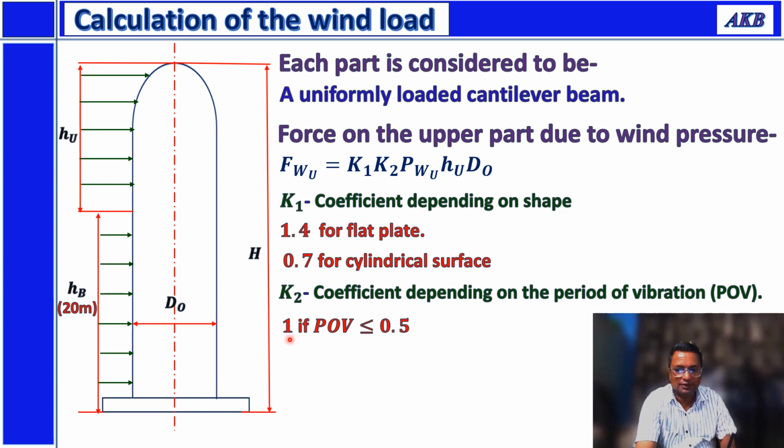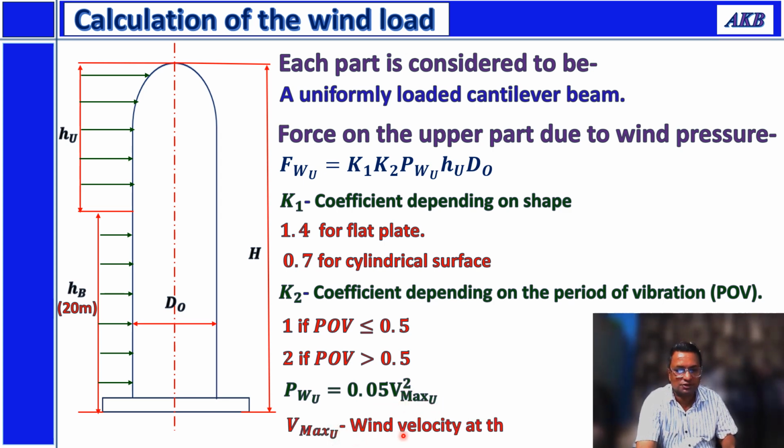Again, it is 1 if the period of vibration is less than or equal to 0.5, and it is 2 if the period of vibration is greater than 0.5. PWU will again be given by the same empirical equation. PWU is equal to 0.05 Vmax U square, where Vmax U is the maximum velocity at the top of the column. So this equation will give you the force acting on the upper part. In this equation, HU will be the height that is greater than 20 meter, and DO is the outer diameter, that includes the diameter of the insulation as well.